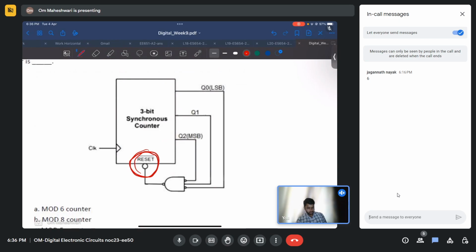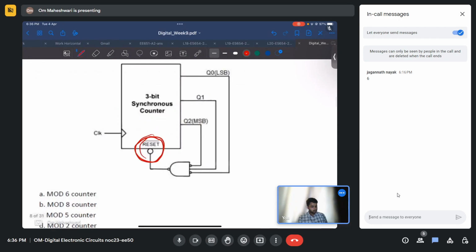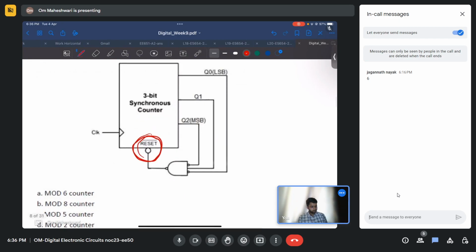So this reset, whenever you get 1 at reset, it will change all the outputs to 000, right?